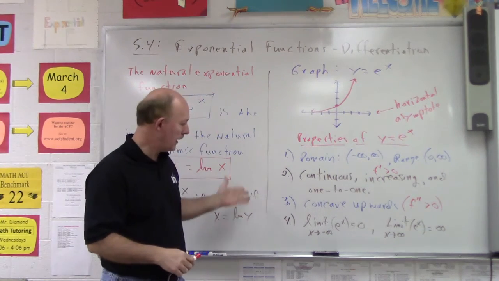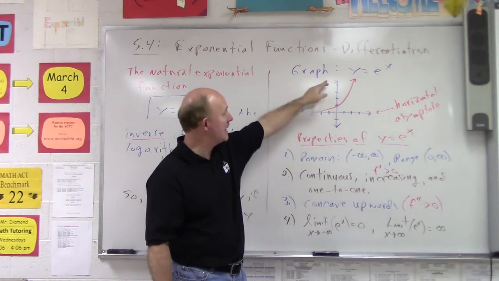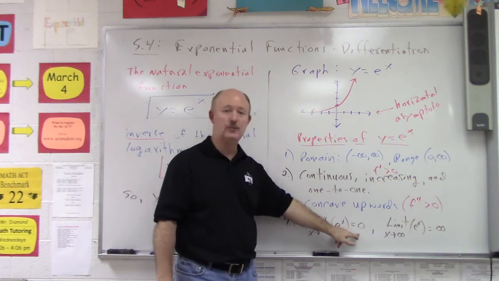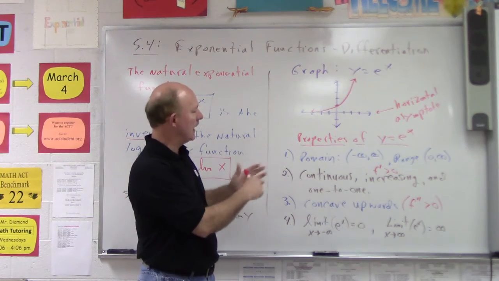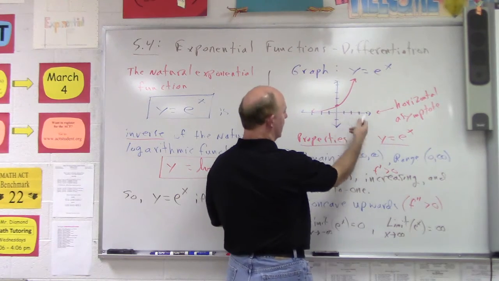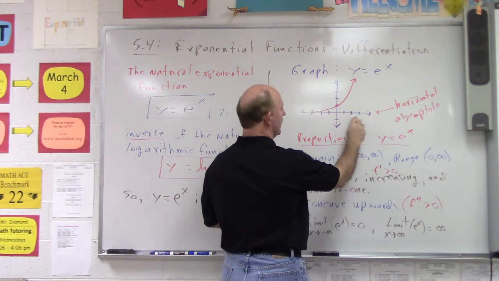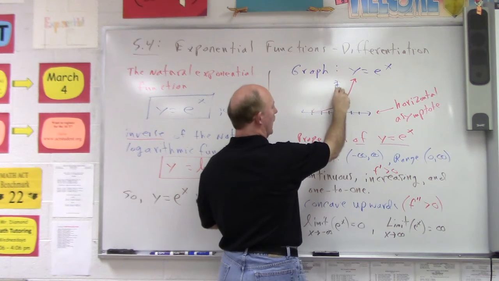Also, the limit as x approaches negative infinity of the natural exponential function is 0. If you imagine the x-axis and go to the left, pick a point on the x-axis, come up to the curve and over to the y-axis.